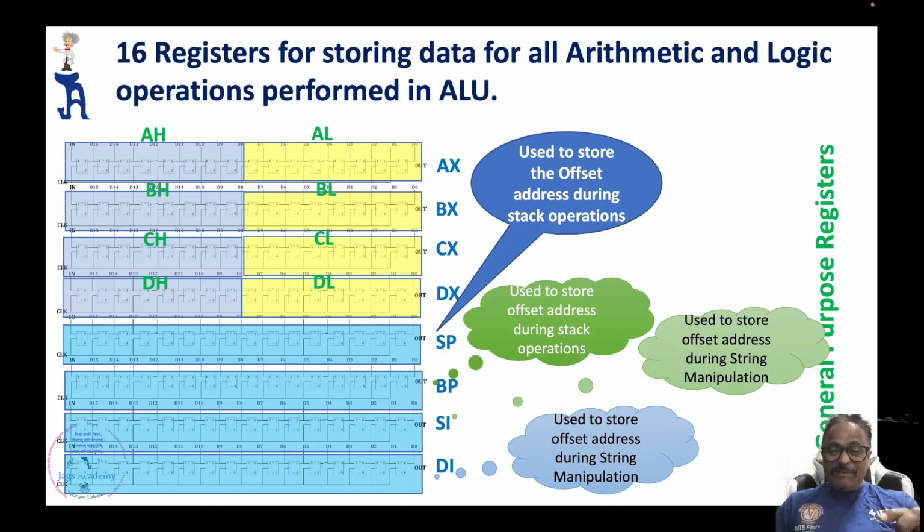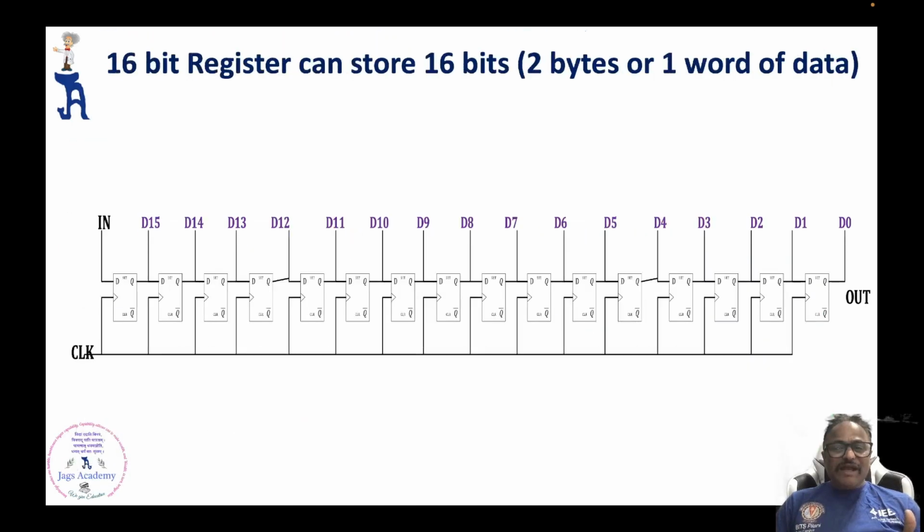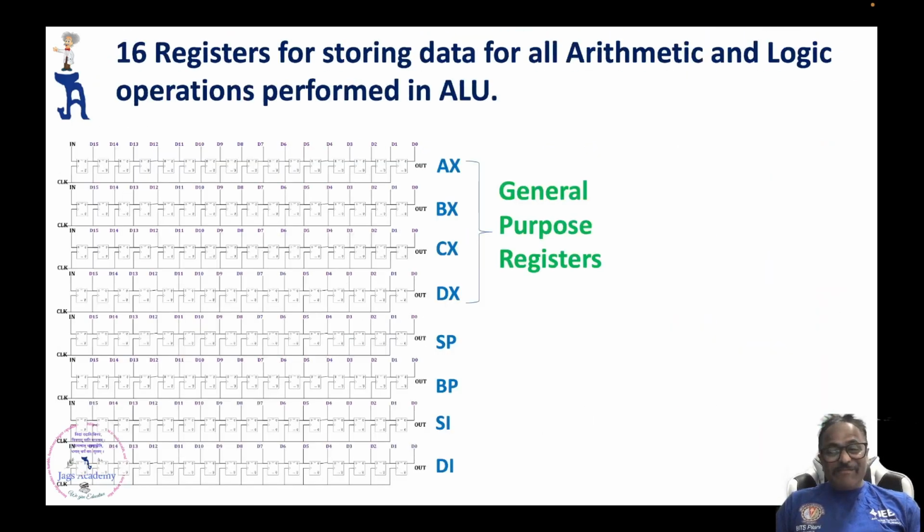Not only SP, BP, SI, DI, there are also the data segment register, the instruction register, the code segment register, the extra segment register, and the stack segment register. All these are nothing but the same registers which I told you about in the beginning of this lecture. It is something you have already studied in your digital design.